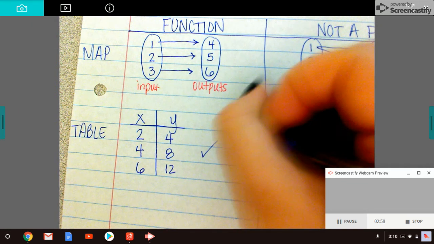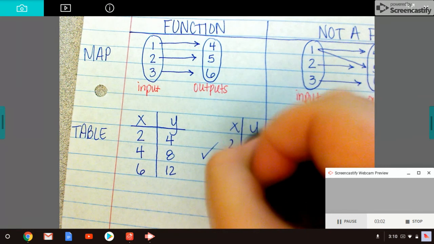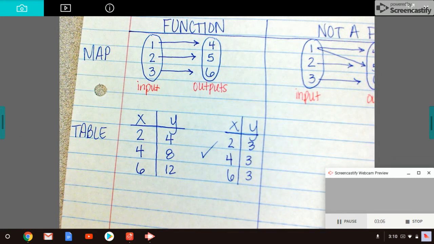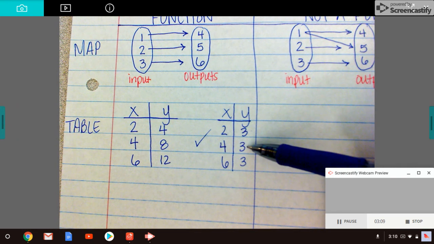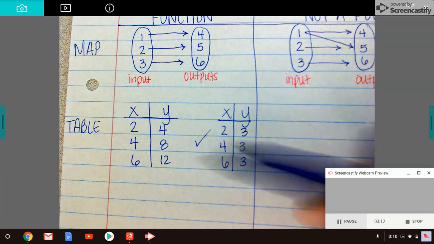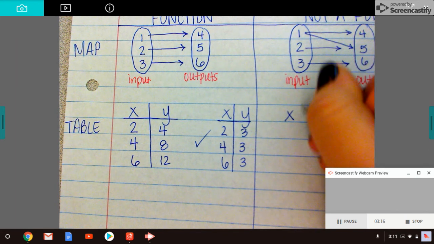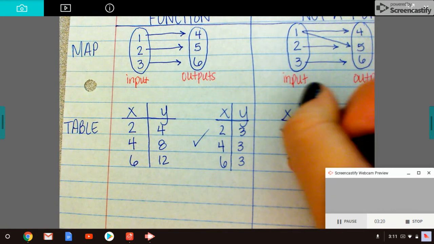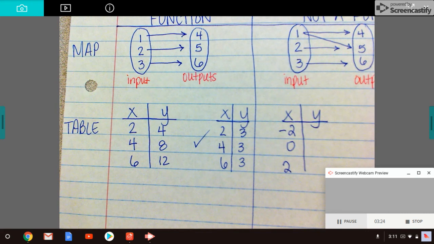Here's one that wouldn't work. Actually, let me give you one more example of one that does work. I could have 2, 4, 6, and they could all go to 3. That would be fine because 2 only has one output, 4 only has one output, 6 only has one output. So these are both fine. Another example could be of one that is not a function. So say I had -2, 0, and 2.